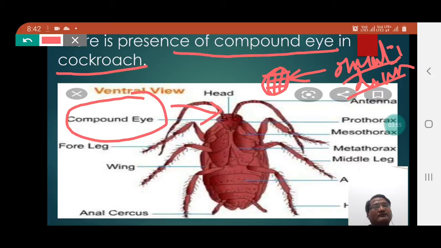So students, the most important feature of the compound eye is that it produces mosaic vision. Mosaic vision, which I have just explained, is the formation of multiple images of an object, which is generally done by the ommatidia present in the compound eye.